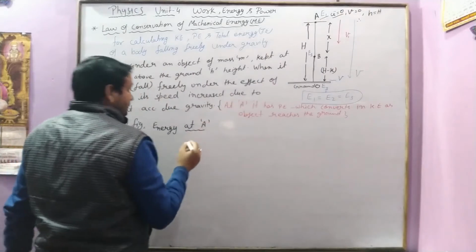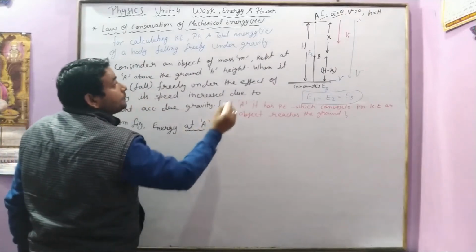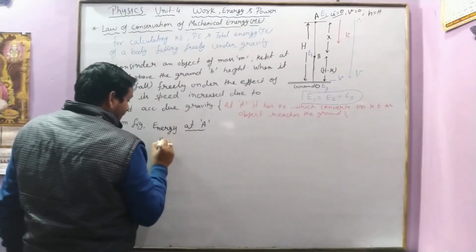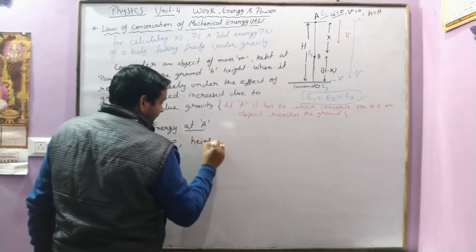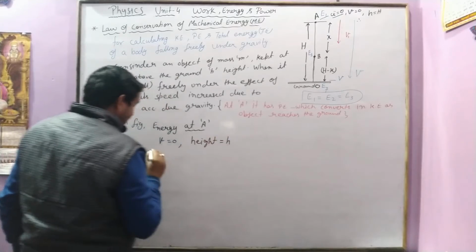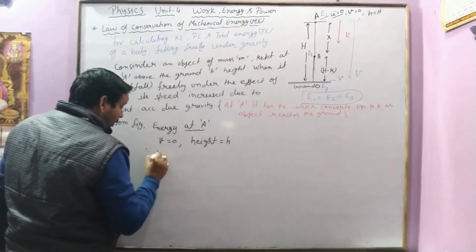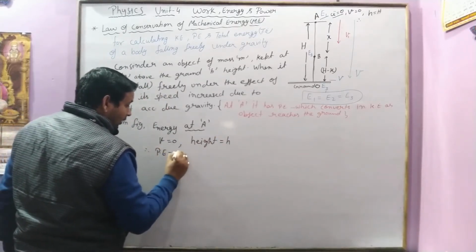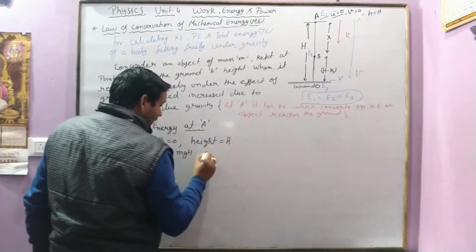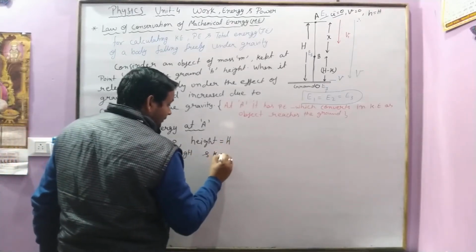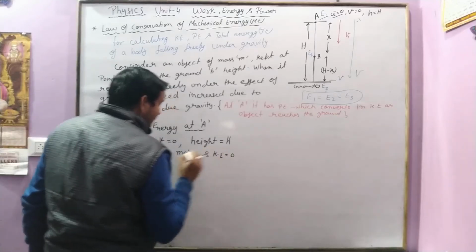Therefore at A, velocity is 0 and height is h, so potential energy is mgh and kinetic energy is 0.